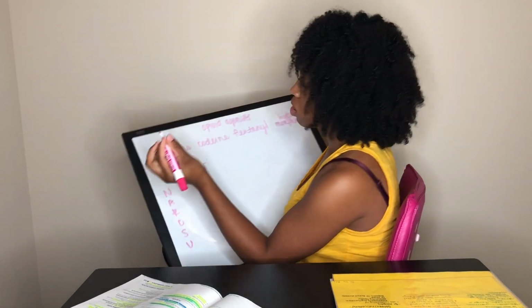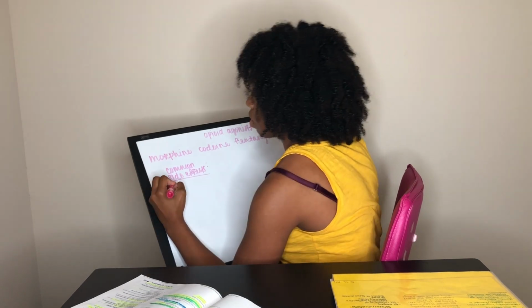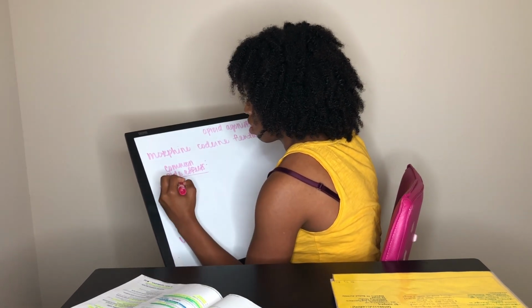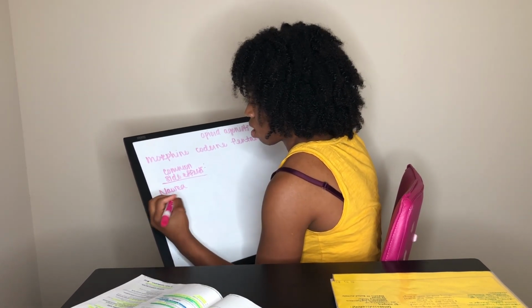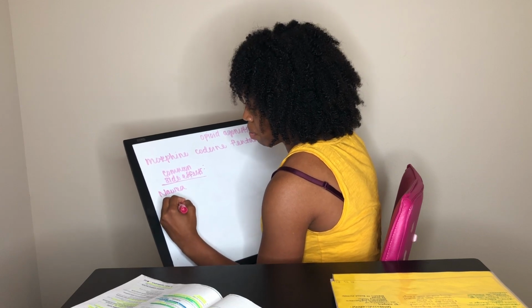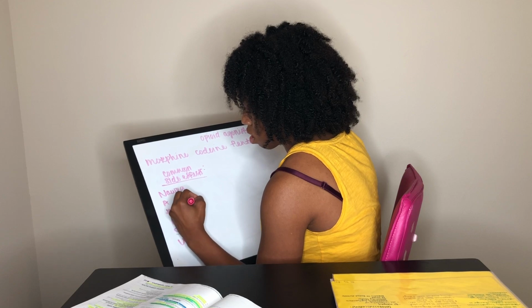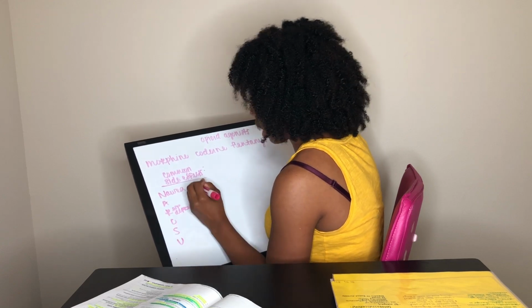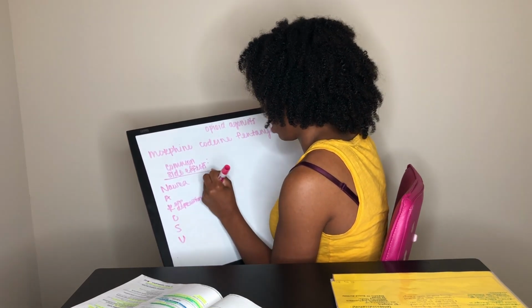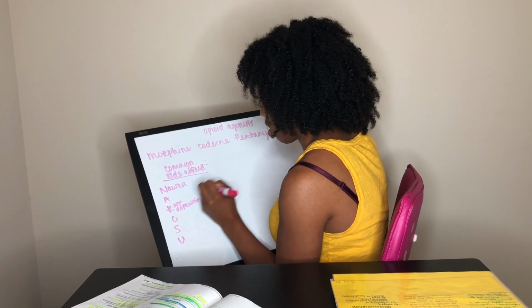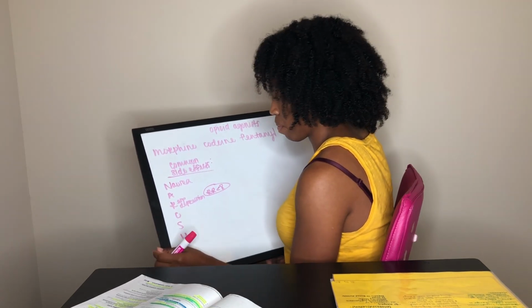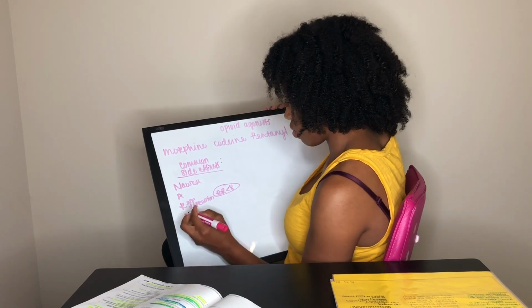So the N is for nausea, A, respiratory depression, which is like respirations typically less than 8, is really bad. I'm trying to think what the A is for.